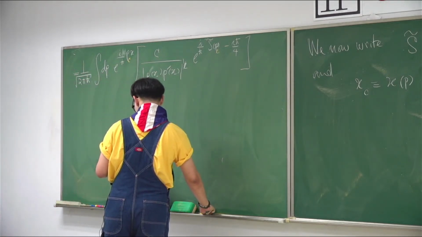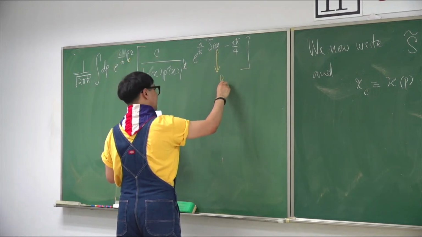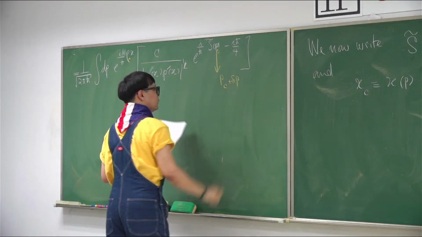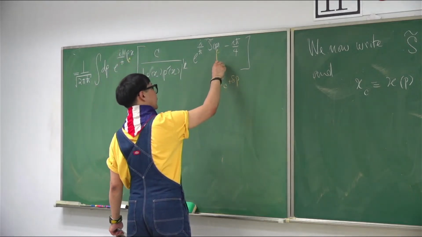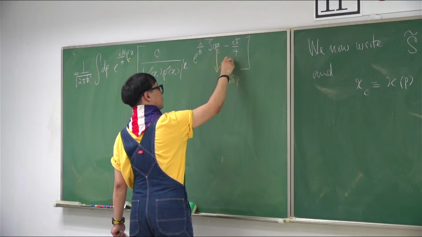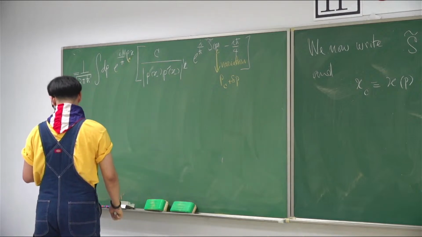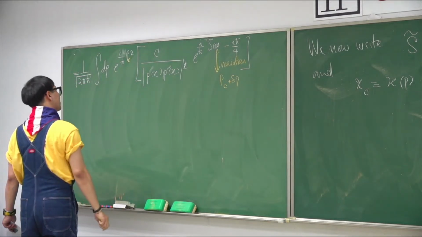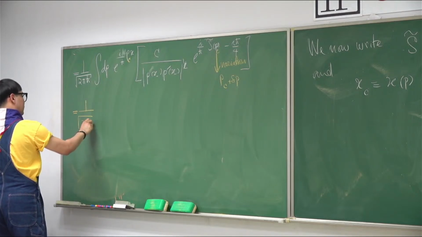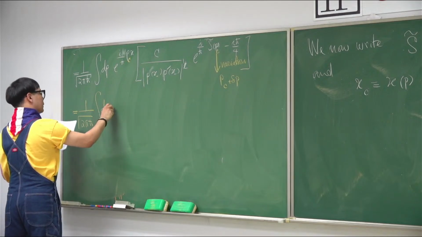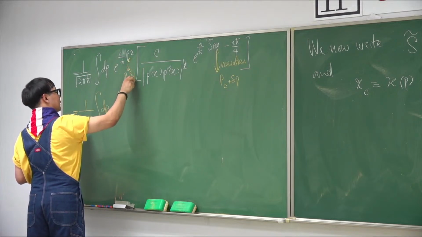So what you can do is again do the variation, and what you get is it's going to be p_c plus delta p.